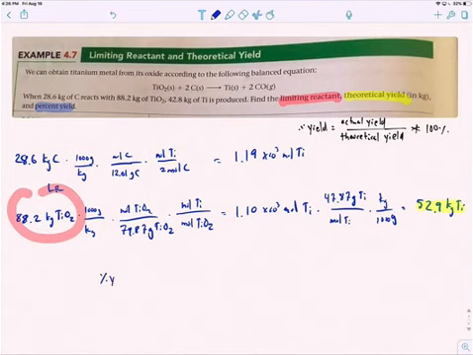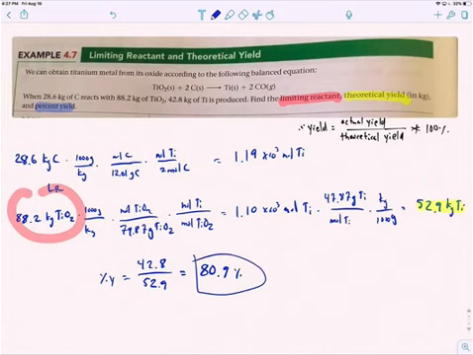The actual yield is given to us: 42.8 over 52.9, and then times 100% is 80.9%, and that is your percent yield.